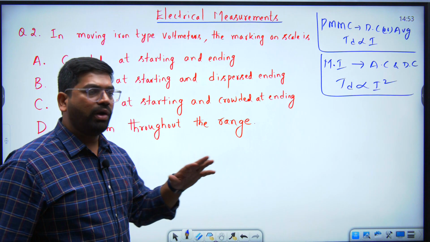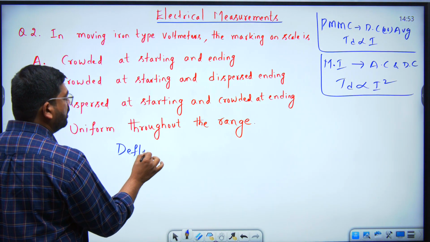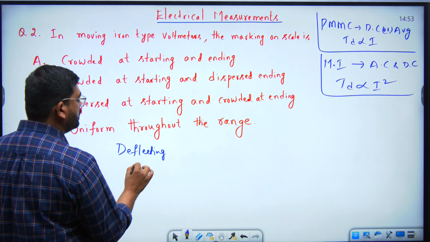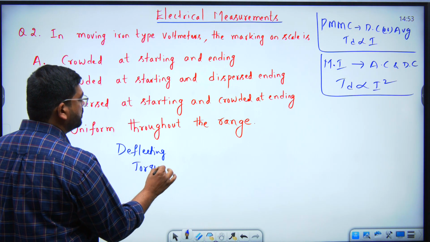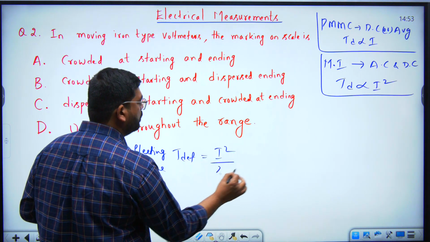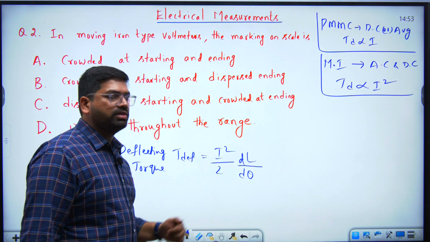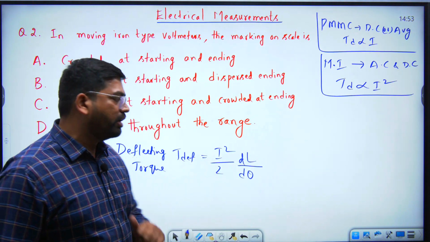If you observe the expressions, what will be the deflecting torque expression in a moving iron type instrument? TD equals I square by 2 into dL by d theta, where dL by d theta is the change in self inductance with respect to deflection.